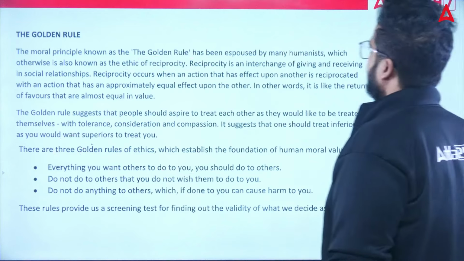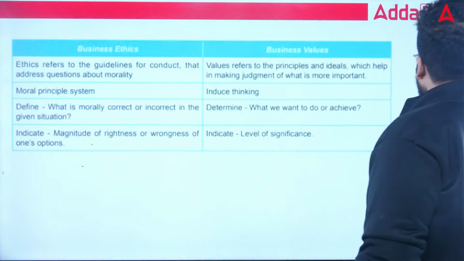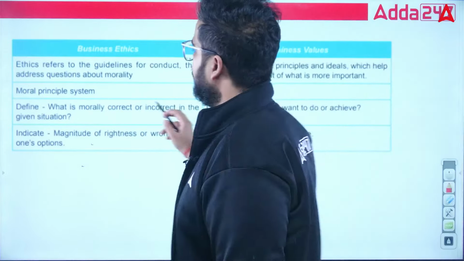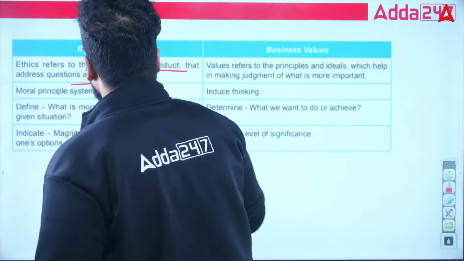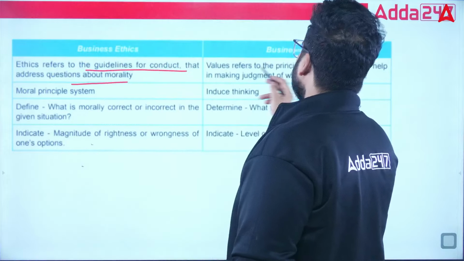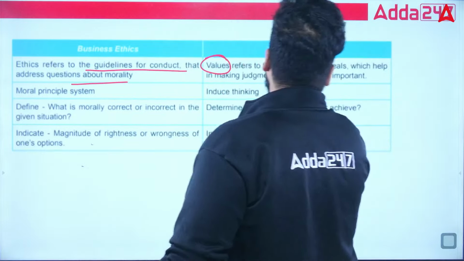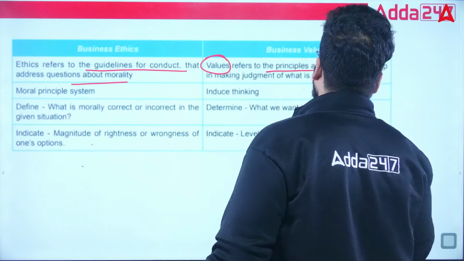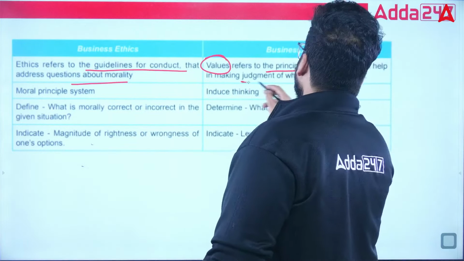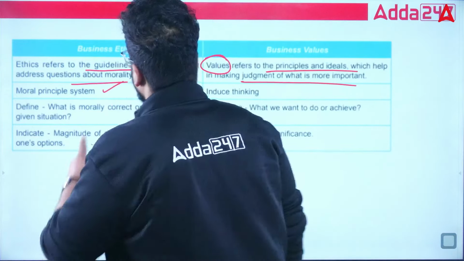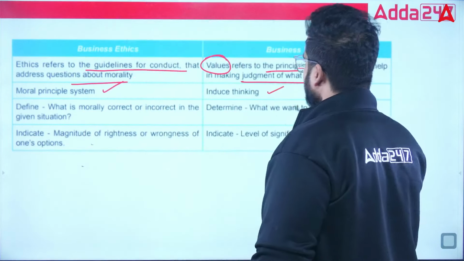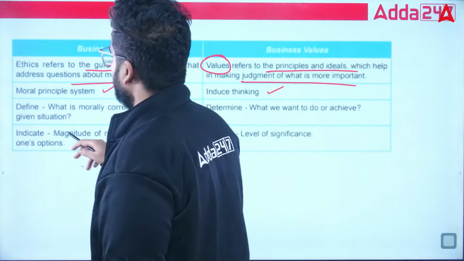So always remember them. Then we have business ethics versus business values. Ethics refers to the guidelines for conduct that address questions about morality. Values refer to the business ideas, the ideals, principles which help in making judgments of what is more important. In the moral principle system of business ethics, the thinking is induced via the values.